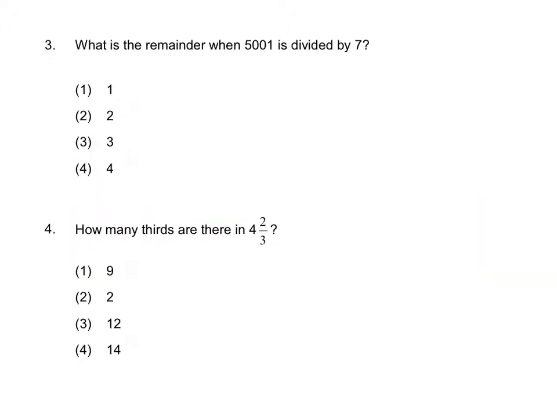Let's go on to the next question, question number 3. What is the remainder when 5001 is divided by 7? So you need to work out your long division. 5001 divided by 7. Draw the place value chart.